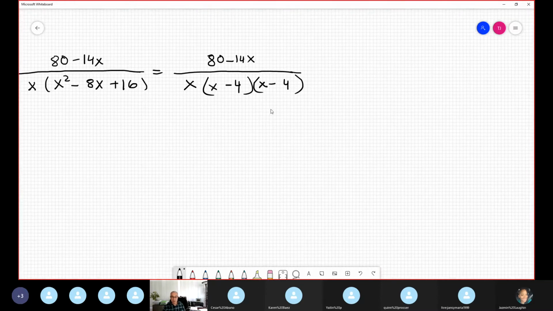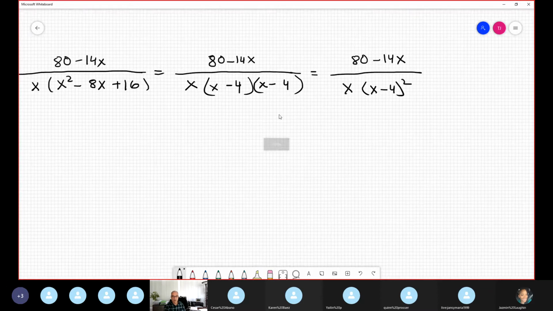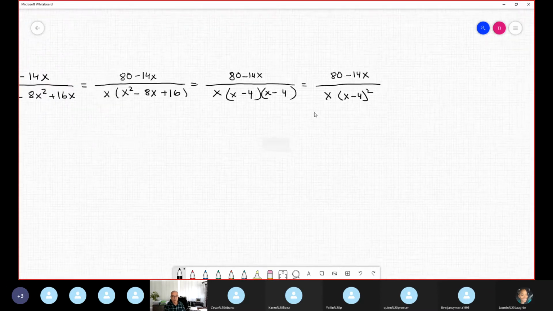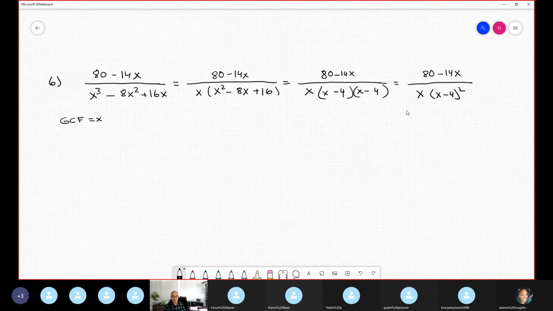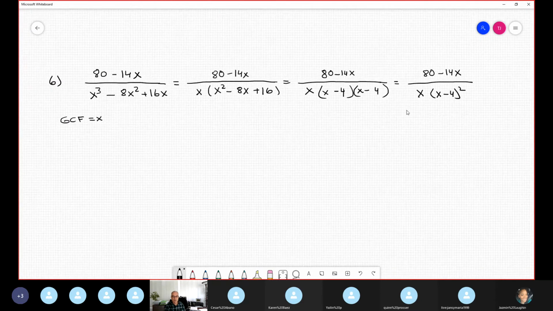If they are twin brothers, the elegant way to express this is x minus 4 squared. And this is the expression that I want to analyze. This was only algebra for accommodation.